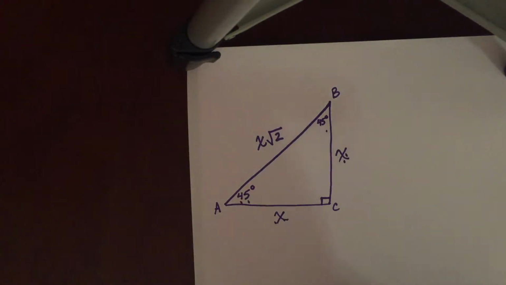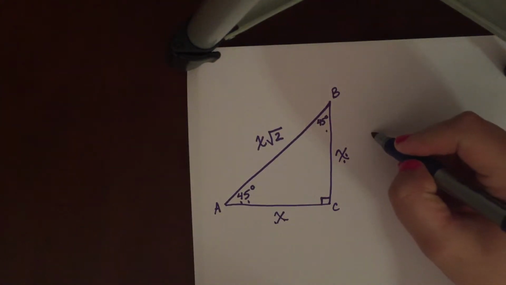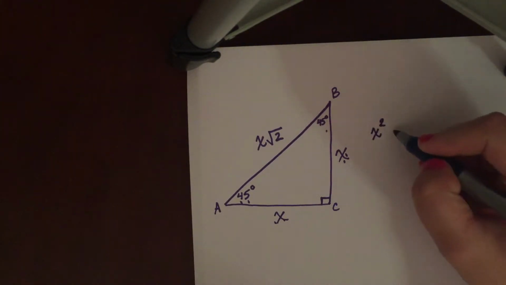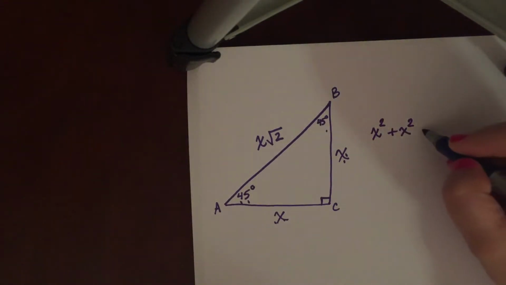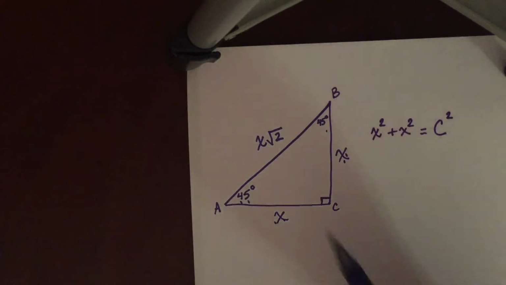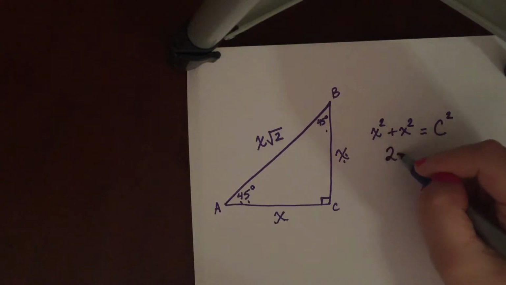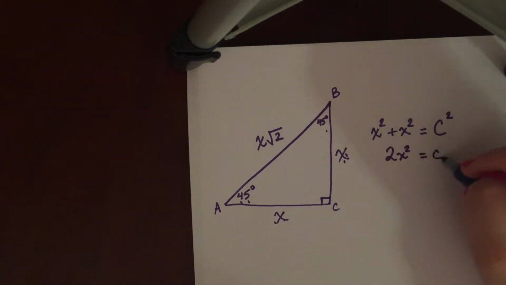Now we can quickly come to that conclusion using the Pythagorean theorem if we say we have these two legs, so the first leg squared plus the second leg squared is going to equal the hypotenuse squared, right? I'm calling this C. So I have 2x squared equals C squared.